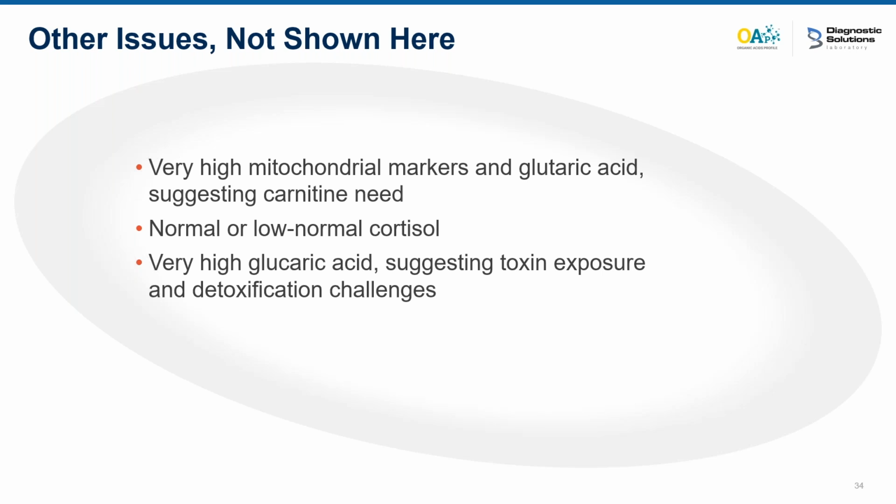There were other mitochondrial markers showing up, including those that suggested carnitine need. We didn't talk about those, but of course, making energy from fat requires carnitine in the mitochondria. She had normal or low normal cortisol, so her adrenals looked to be struggling. And she had very high glucaric acid, which suggests toxin exposure.